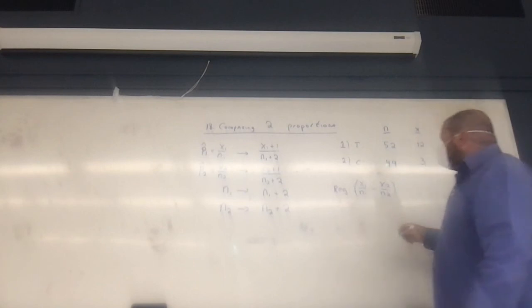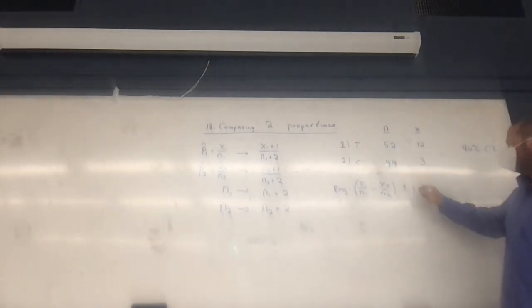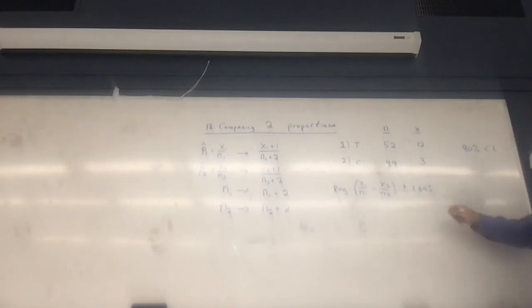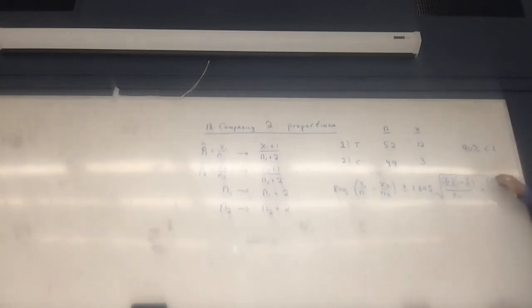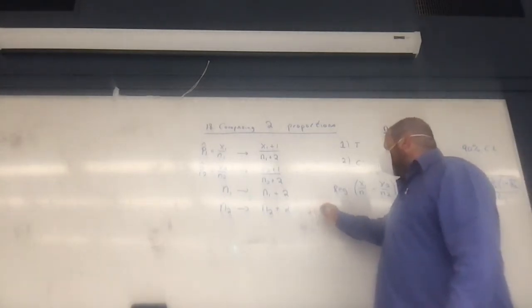That's P1 hat minus P2 hat, plus or minus Z star, which for 90% is 1.645, times the square root of X1 over N1, that's P1 hat, 1 minus X1 over N1, that's 1 minus P1 hat, over N1, plus X2 over N2, 1 minus X2 over N2, over N2. This is the one that I'm not allowed to use. This is the regular confidence interval that I can only use if they're greater than or equal to 10. So instead, I'm going to go to the +4 version.